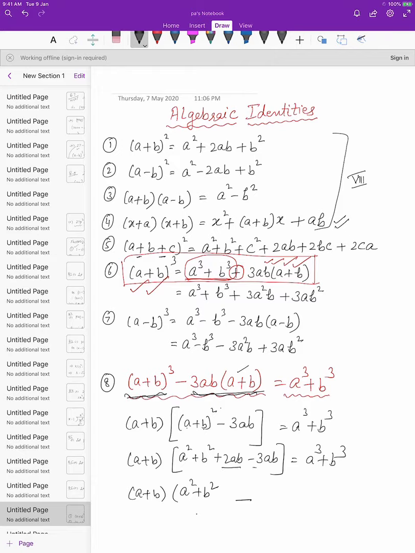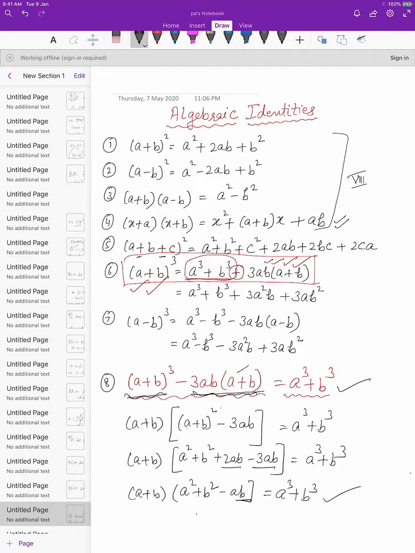Now plus 2ab minus 3ab will give us minus ab. This is equal to a cube plus b cube. So we have got a cube plus b cube as equal to a plus b into a square plus b square minus ab. So these are the two ways of writing a cube plus b cube.